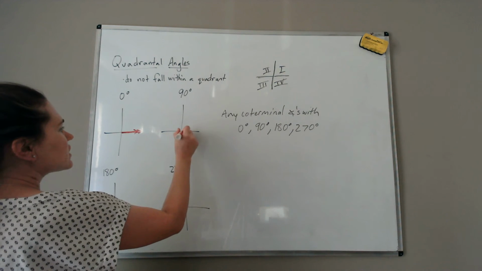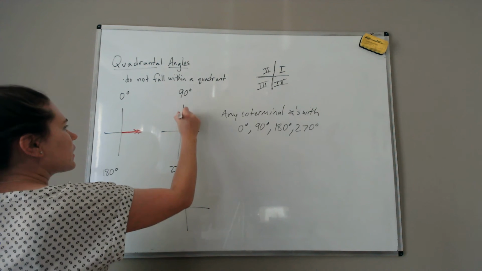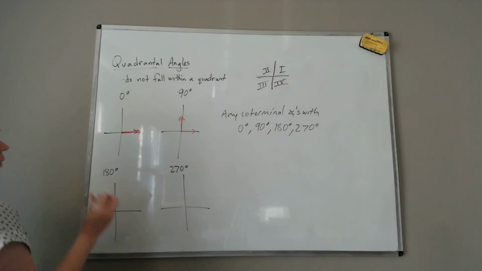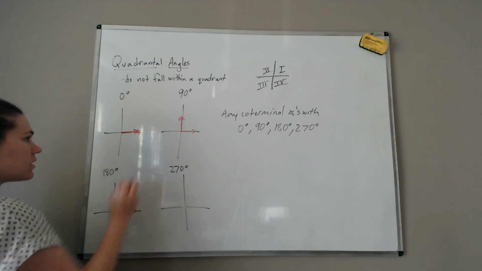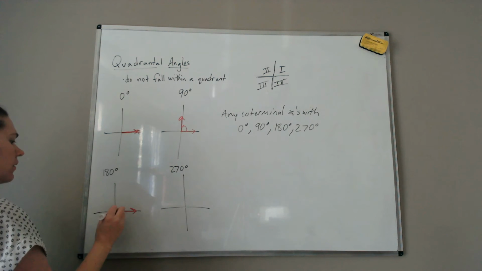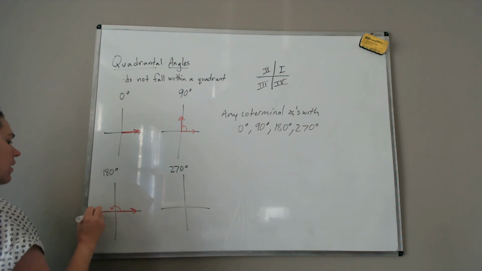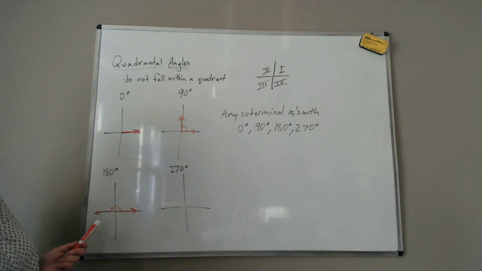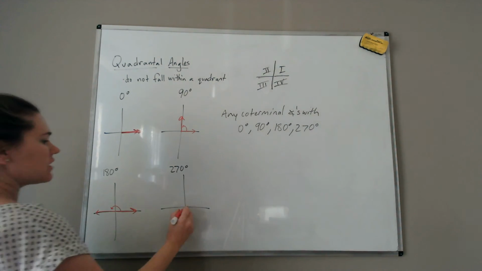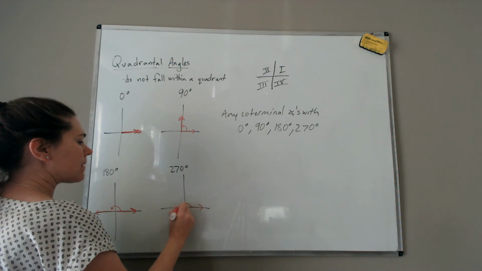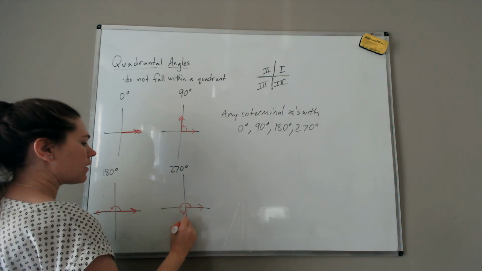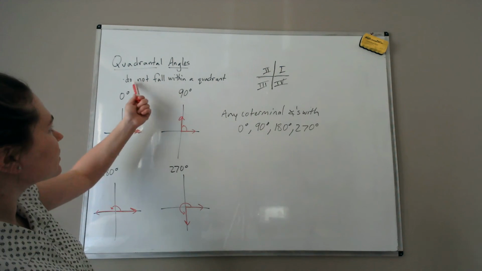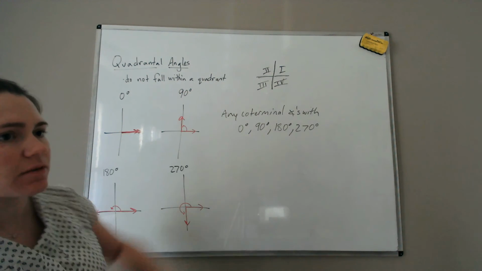90 degrees, notice, does not fall in a quadrant. 180 degrees, terminal side does not fall within a quadrant, it falls on the axis. 270, terminal side does not fall within a quadrant, okay?